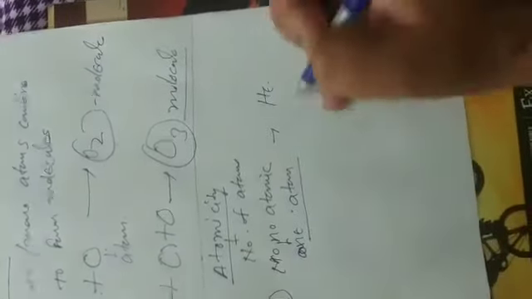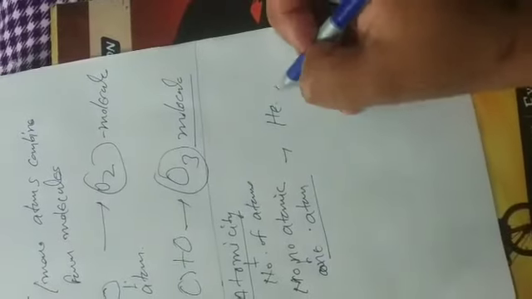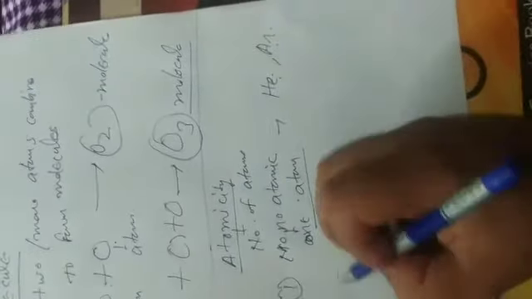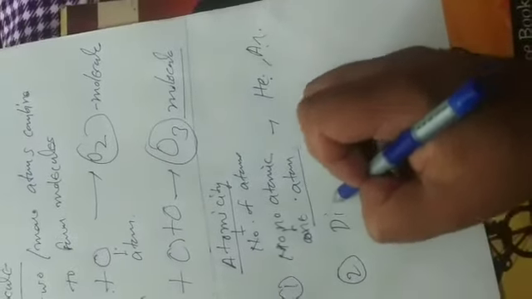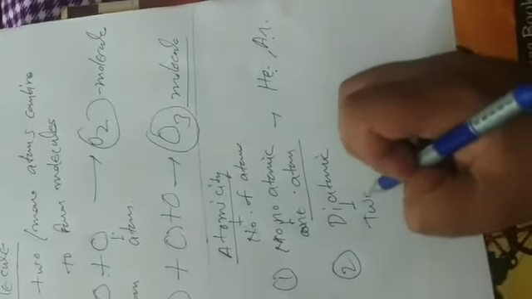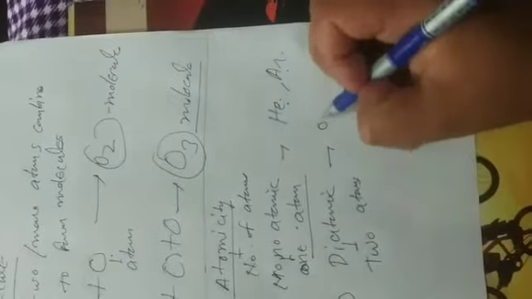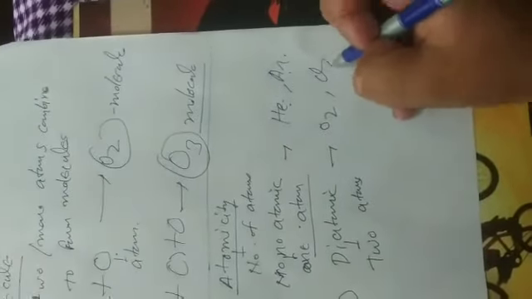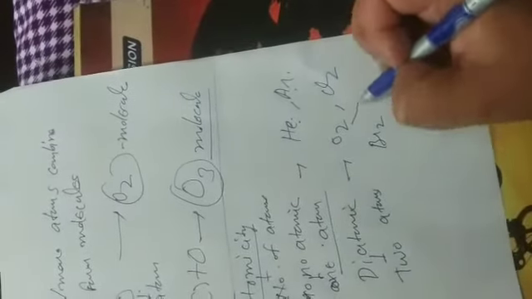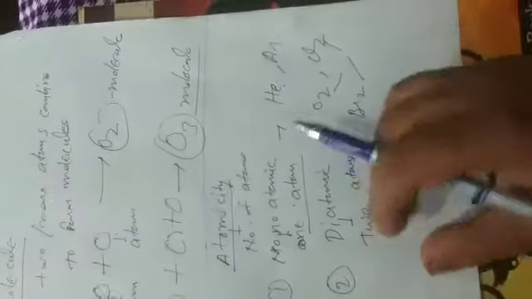The first is helium, only one atom is present. Argon, only one atom is present. The next is diatomic. It means two atoms. Suppose O2, Cl2, Br2. These have two atoms.